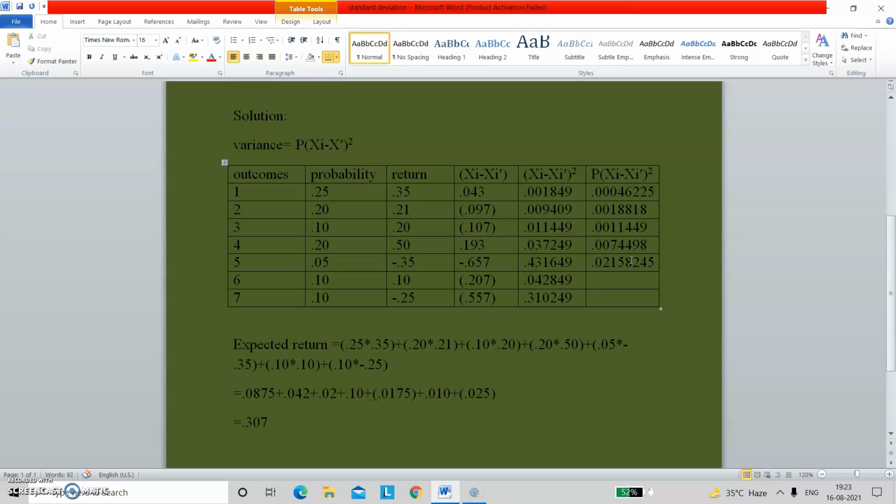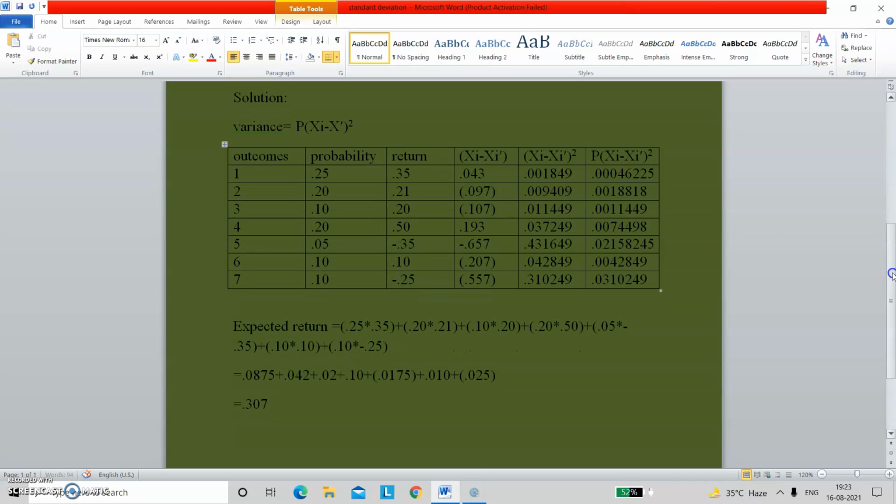This is going to be 0.0042849. Right, and finally the seventh outcome is 0.0310249. This is the individual variance for all the 7 outcomes.